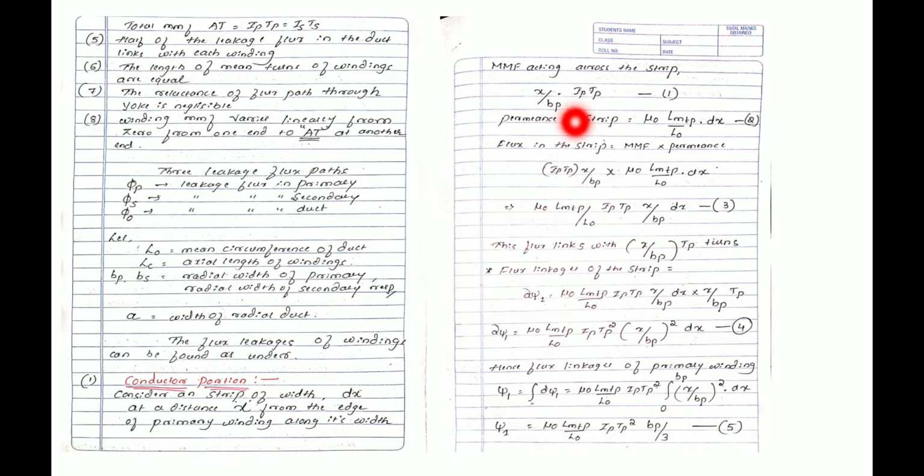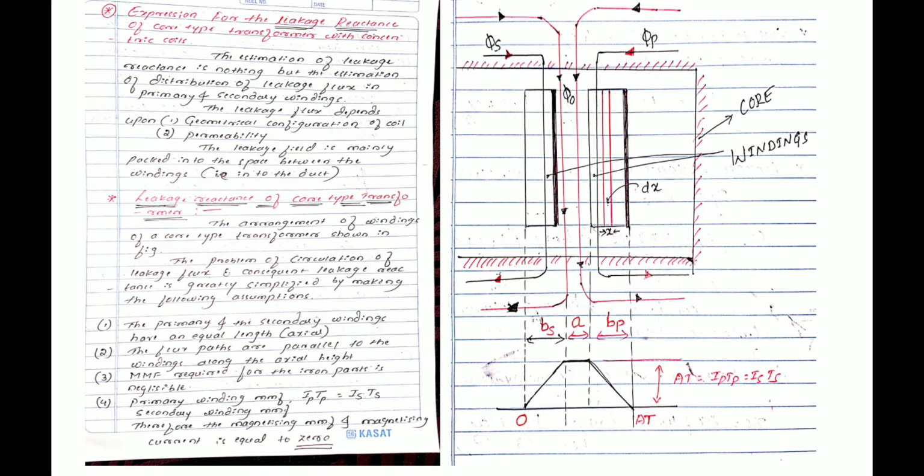So that is the reason first I am taking the MMF acting across the strip, for some strip of the primary winding I have taken here. The MMF is nothing but the ampere turns, with respect to the primary side here. See here, in the primary I have considered one strip, which has a width x along the radial width.